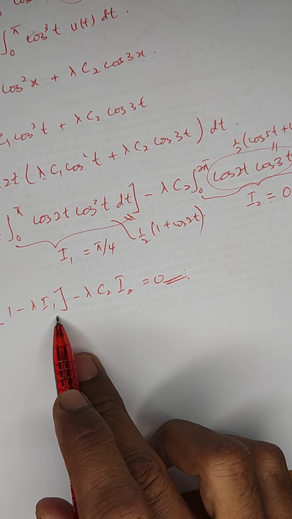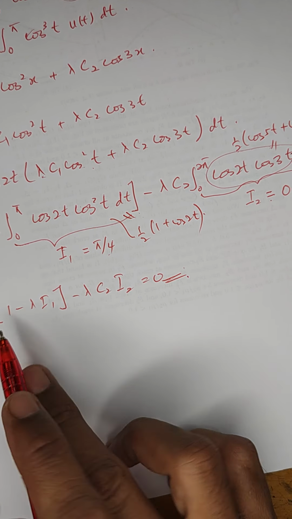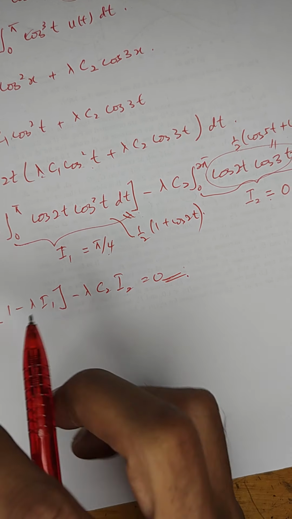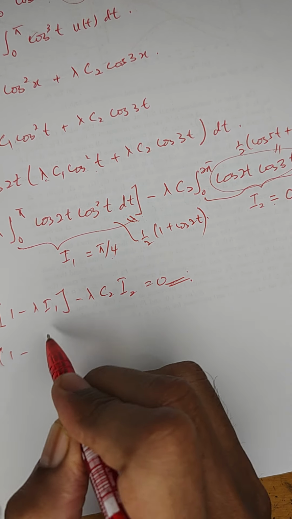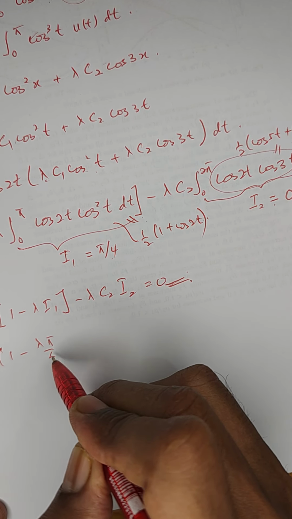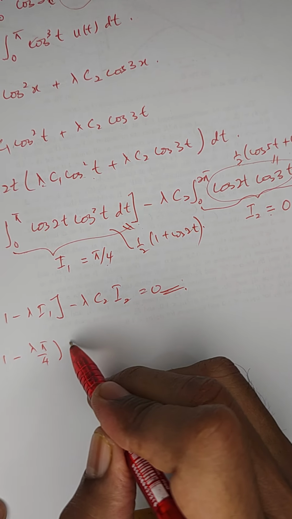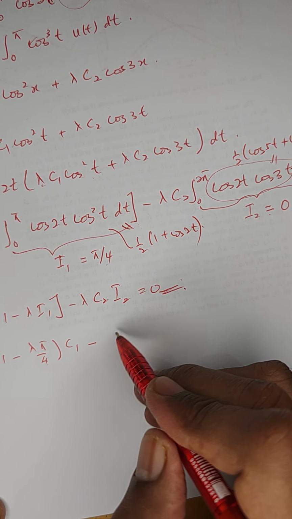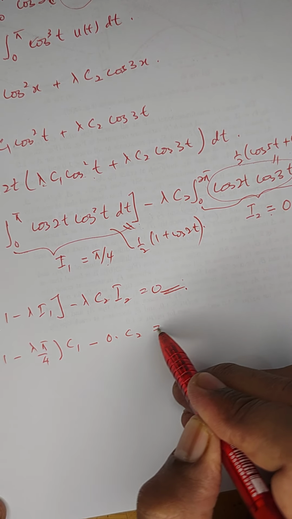Okay, use these values I1 and I2 here. So we have C1, where is C1? So we have 1 minus pi lambda over 4, C1, minus, here we have 0 times C2, 0.